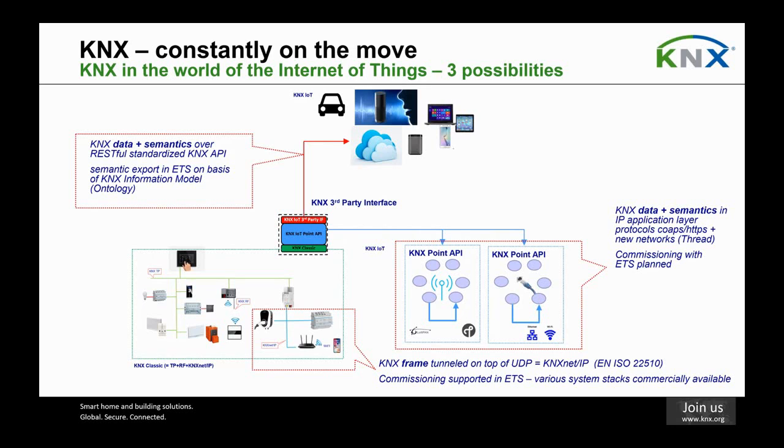So data is exchanged via HTTPS and CoAP, no longer a specific flavor of KNX. So the data is still KNX, and the way that the devices are commissioned is still KNX, but all the underlying technology comes from the IT industry.